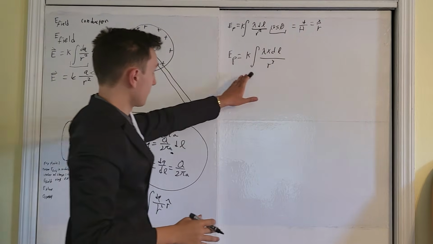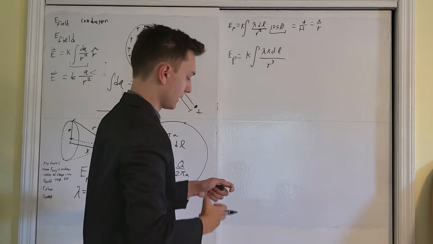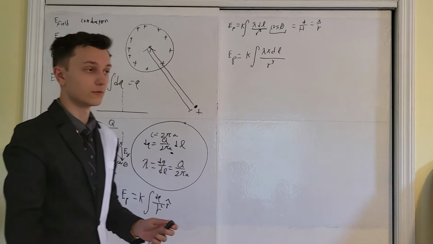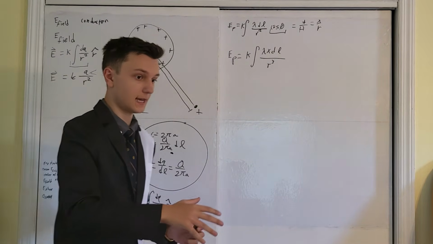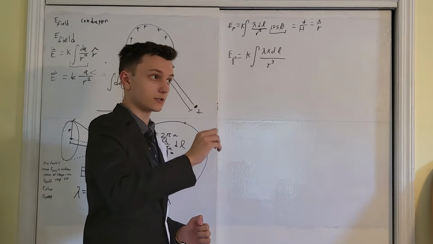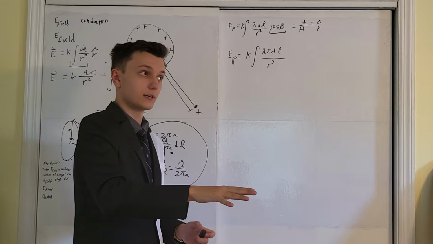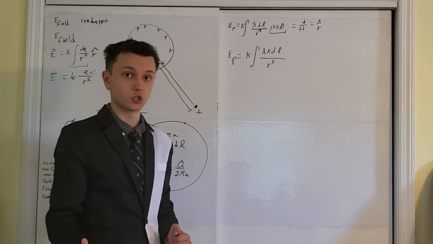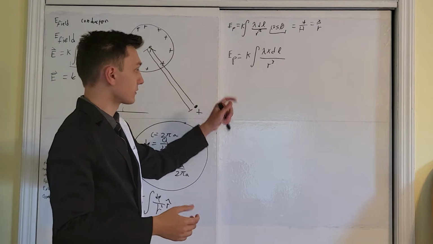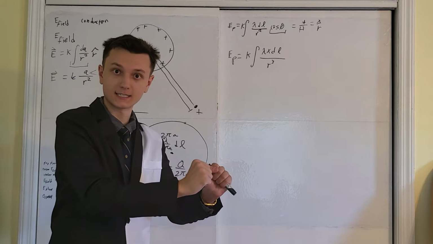Now, once we have our integral right here, we're trying to solve for electric field. Are we trying to solve for electric field as a constant? At an instant, at a specific point? Or as a function of something? We're trying to find electric field at a point, as a constant.